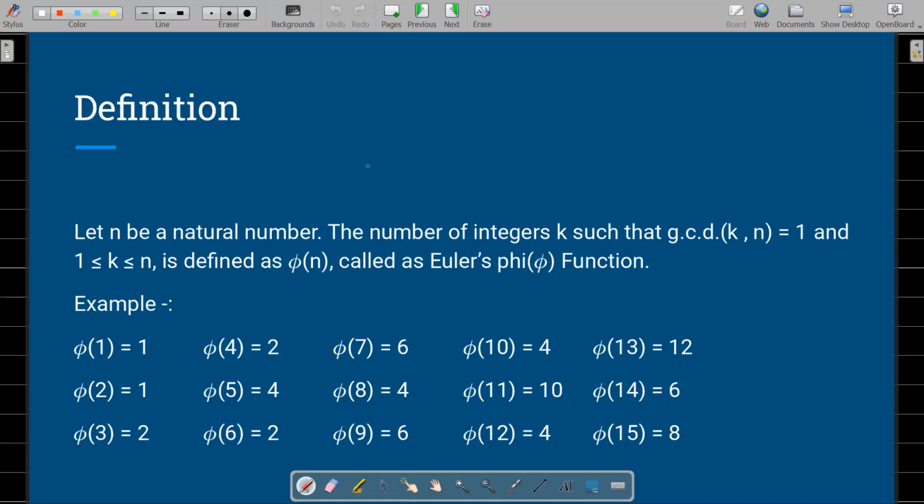Here are some numbers. Phi of 1 is 1, just because 1 is co-prime with 1. Phi of 2 is 1, because out of 1 and 2, 1 is co-prime. Phi of 3 is 2, because 1 and 2 are co-prime.